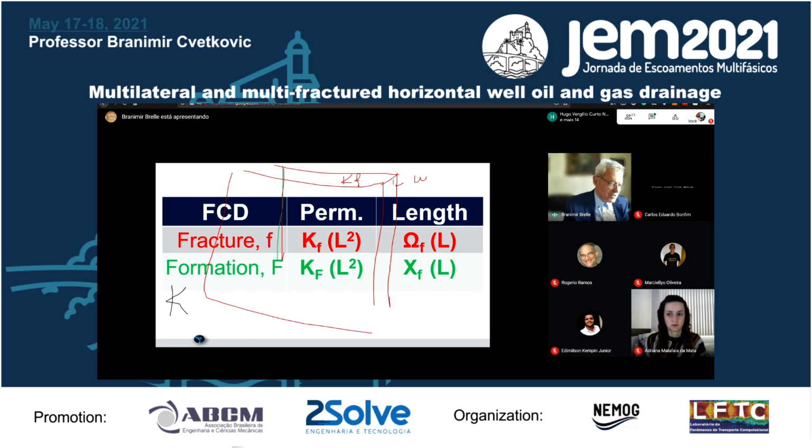Okay, sorry. This is going to be K, formation permeability, okay, multiplied by the LF. And LF is going to be this number here.